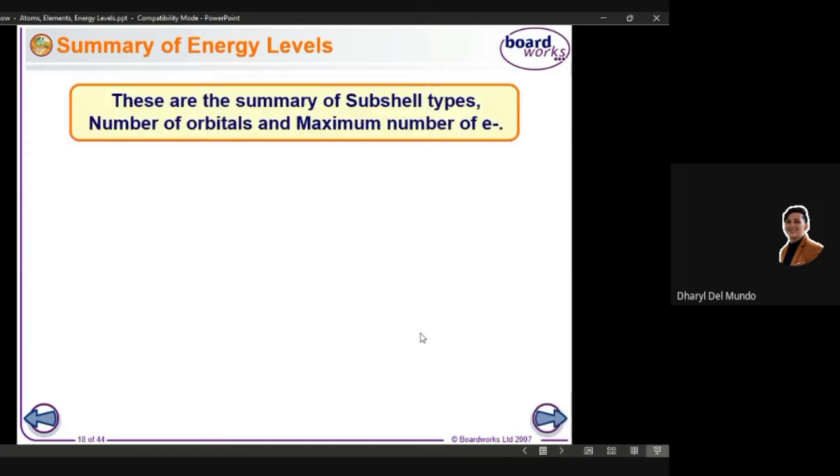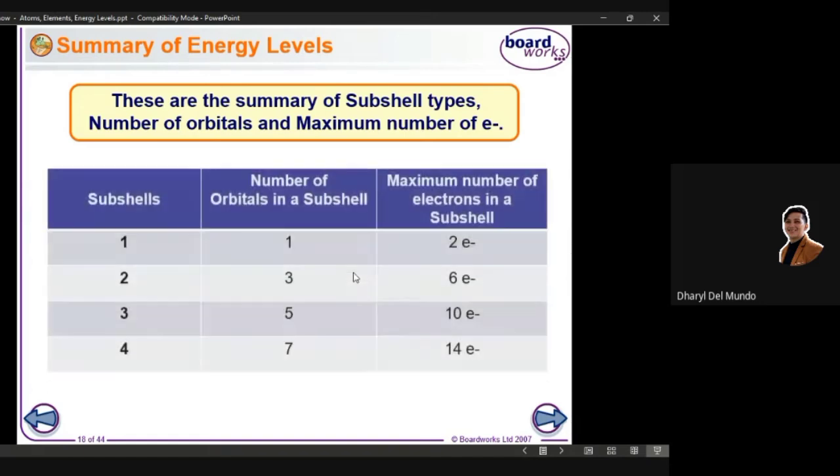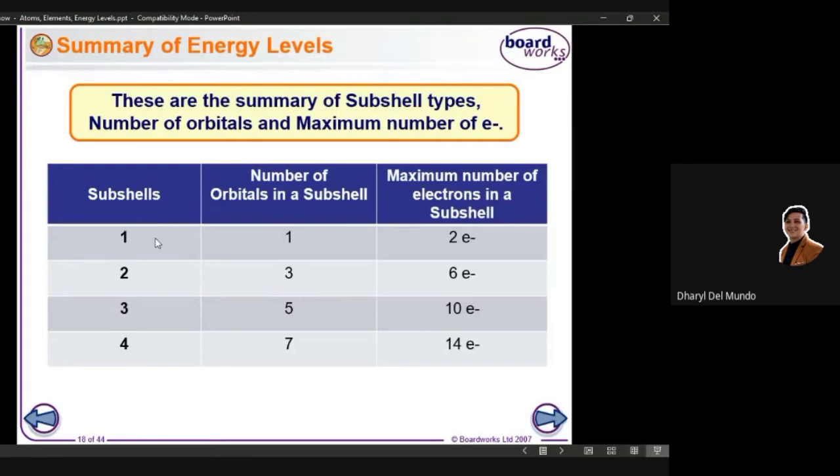And this is the summary of subshell types, number of orbitals, and maximum number of electrons. Let us look at the subshells. Subshells 1, 2, 3, and 4 have a number of orbitals in a subshell. So these are the rooms. The number of rooms in subshell 1 is 1. The rooms for subshell 2 are a maximum of 3. The rooms found in subshell 3 are 5. And the rooms for subshell 4 are 7.